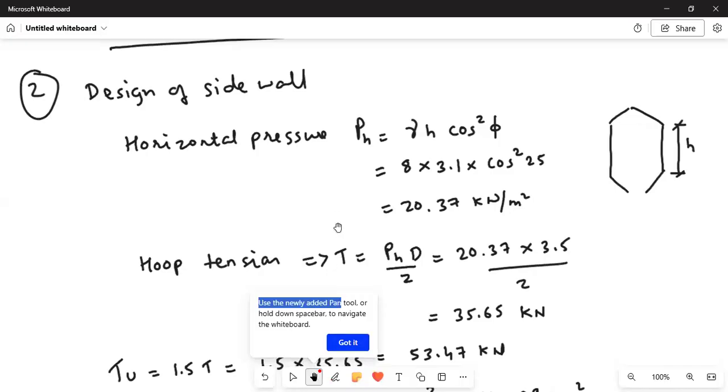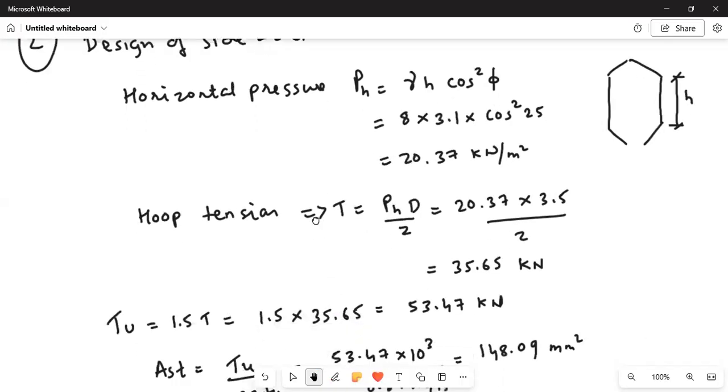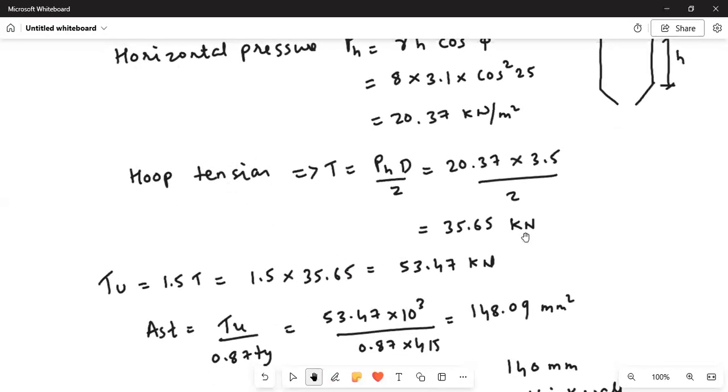Then, the circular bunker is subjected to hoop tension, and we need to find the hoop tension. This is the formula by which we can find it: T equal to Ph into diameter of bunker divided by 2.